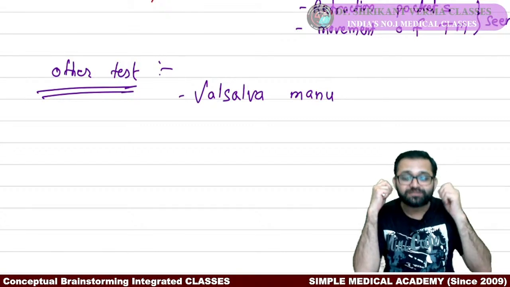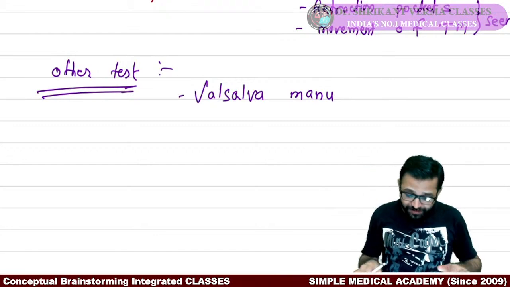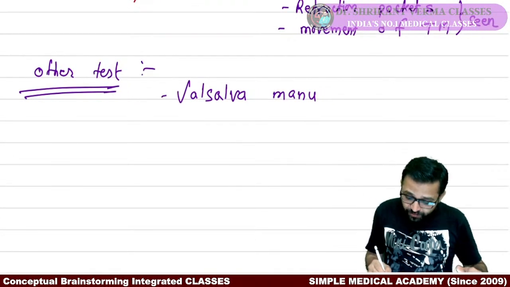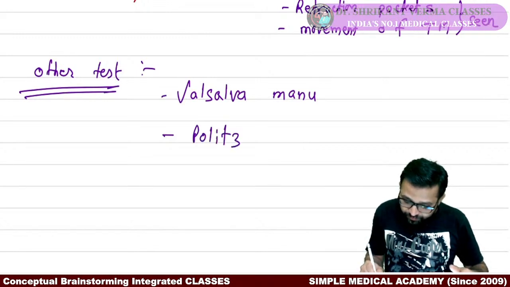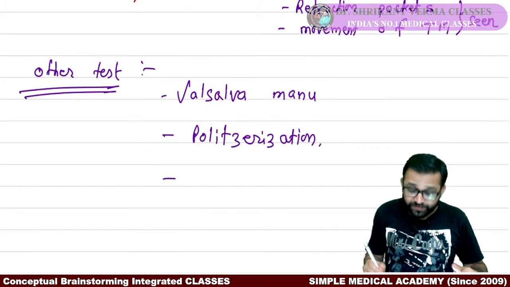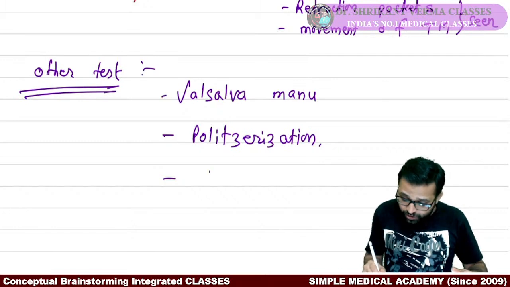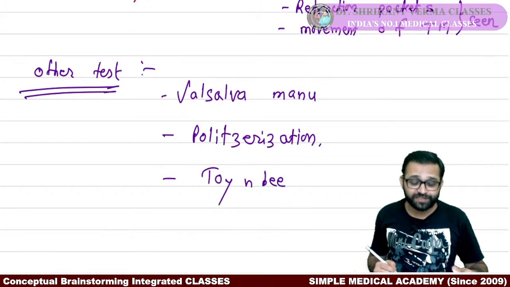So you will hear the sound in the ear, and tympanic membrane movement you can feel. Also we did the politzer test with the help of our bag. Also we did the Toynbee test. So these are the different tests.